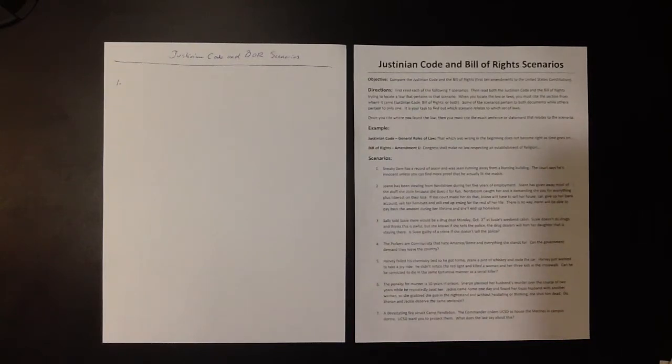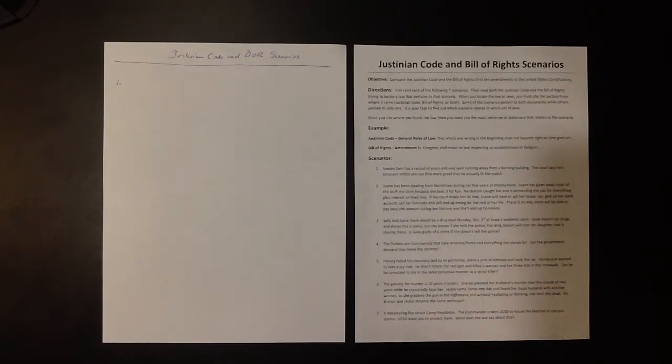And then the other 2 things: first, you're going to go through the Justinian Code and find the law that seems to apply to back up your decision, and then you're going to quote that particular law or that part of that law that applies. Then you're going to go through the Bill of Rights and do the same thing. Find the law that seems to apply to your decision as well as the scenario and quote that part of the law to support or back up the decision that you've made.